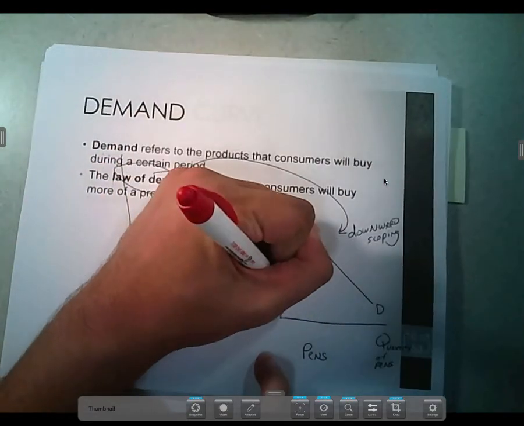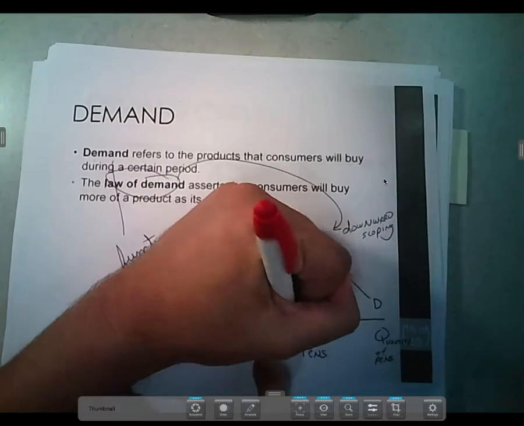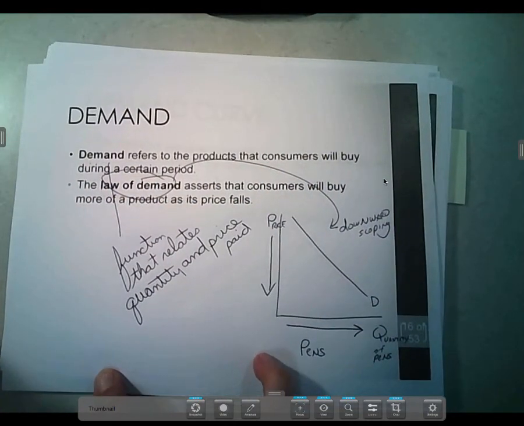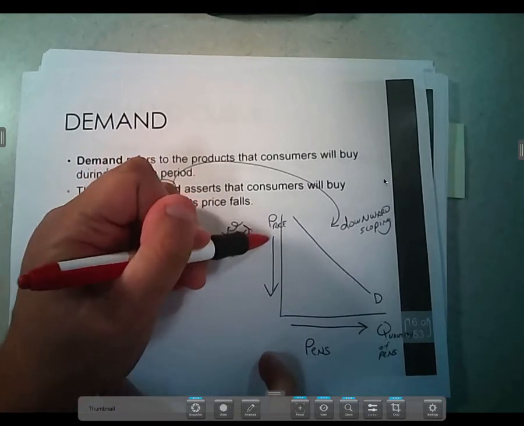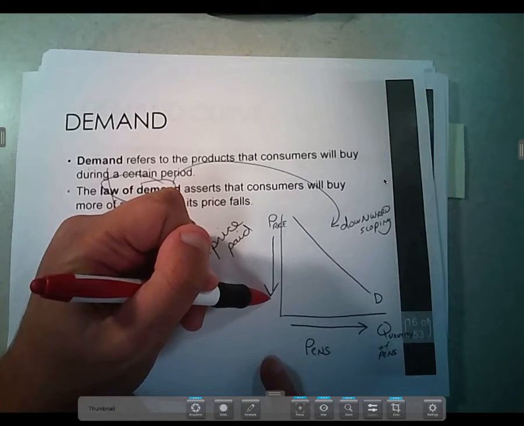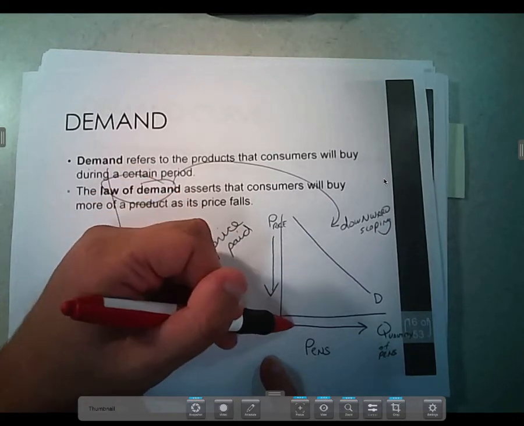Basically, as the price falls, more is purchased. That makes sense, because as I keep lowering the price, I keep getting additional consumers who have that now lower willingness to pay. So as the price goes down, people buy more.